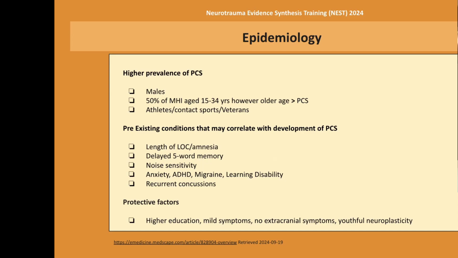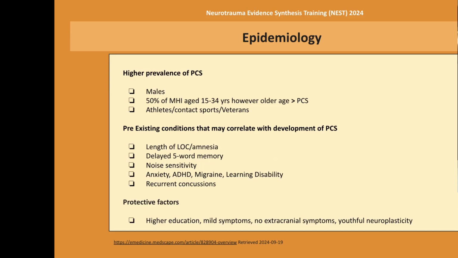If they already have a diagnosis of anxiety, ADHD, migraine, or learning disability, or already had noise sensitivity, those things tend to indicate that they would be more likely to develop PCS. The first two there, the length of loss of consciousness and the delayed five-word memory, are tests done in the moment when they present. And depending on the results of that, that might indicate whether they might downstream end up with PCS.